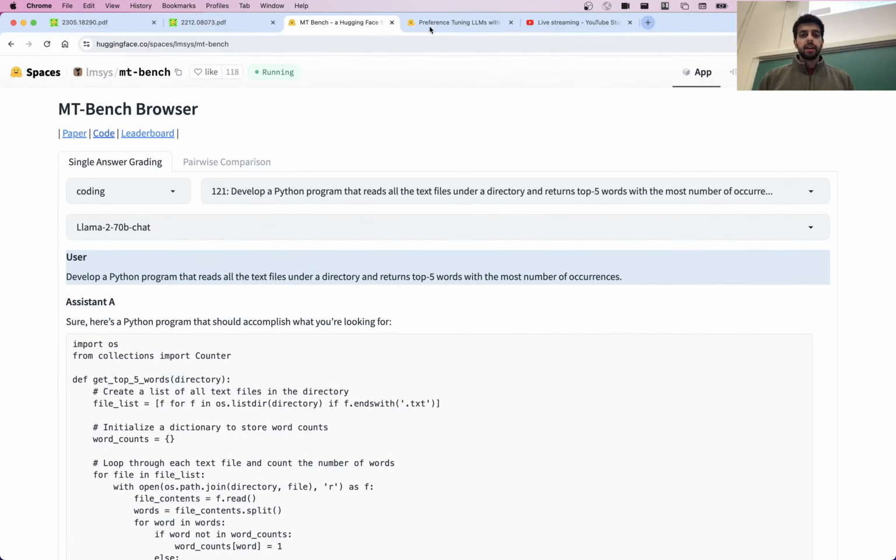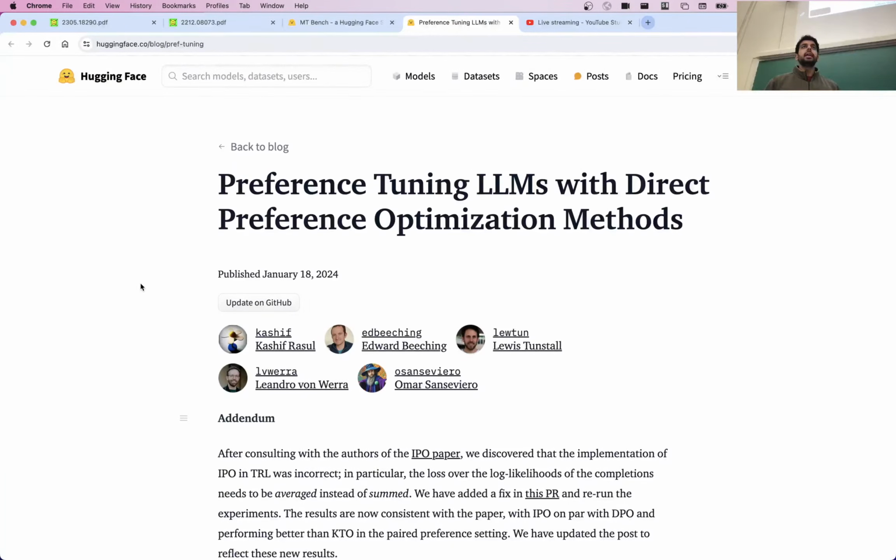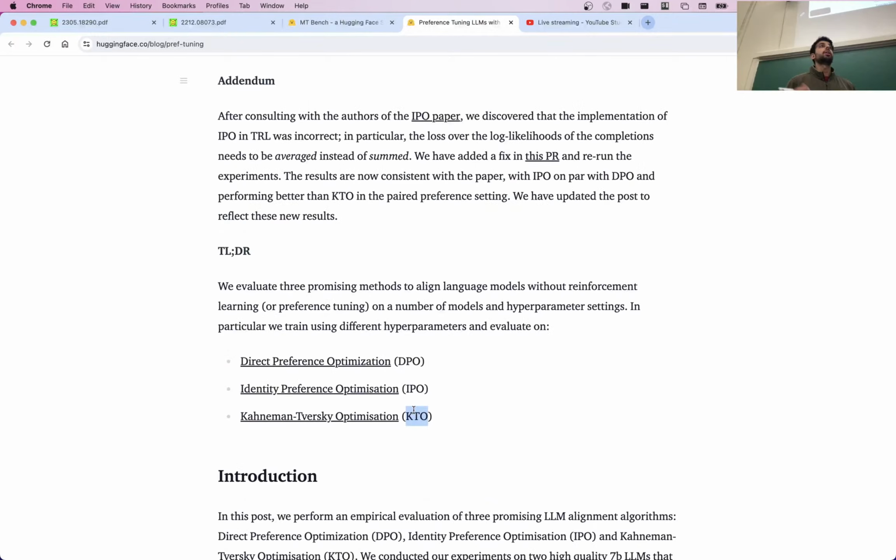I wanted to show this Hugging Face blog post that is comparing many different alignment methods on this MT Bench dataset. Specifically, they use DPO, IPO, which is a more generic formulation of DPO, and KTO, which is a newer strategy that doesn't require pairwise preference judgments.